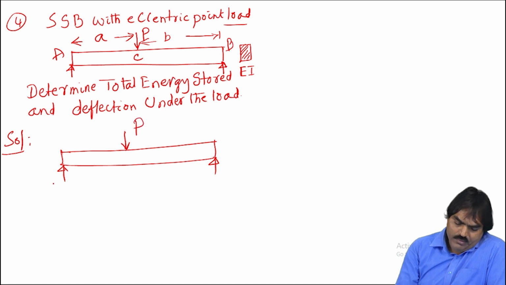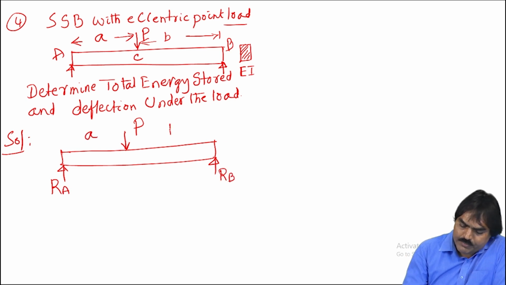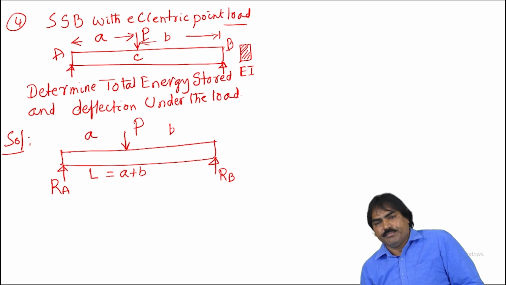Say, this is RA, this is RB. This is A, this is B, where L is equal to A plus B, the total length of the beam.